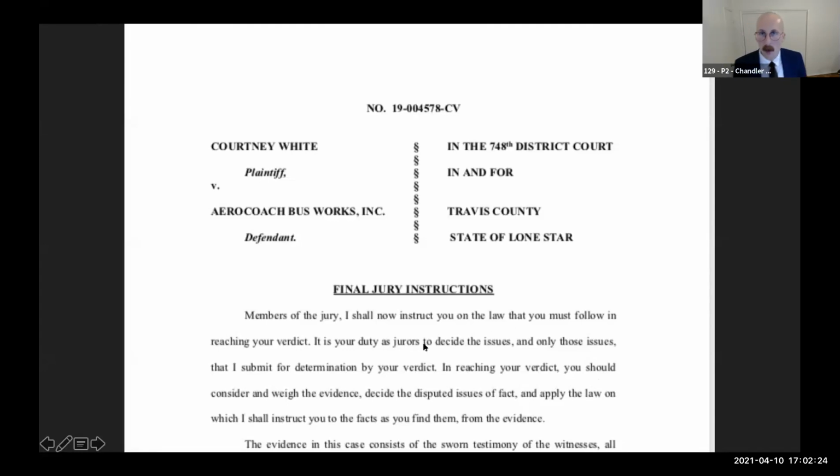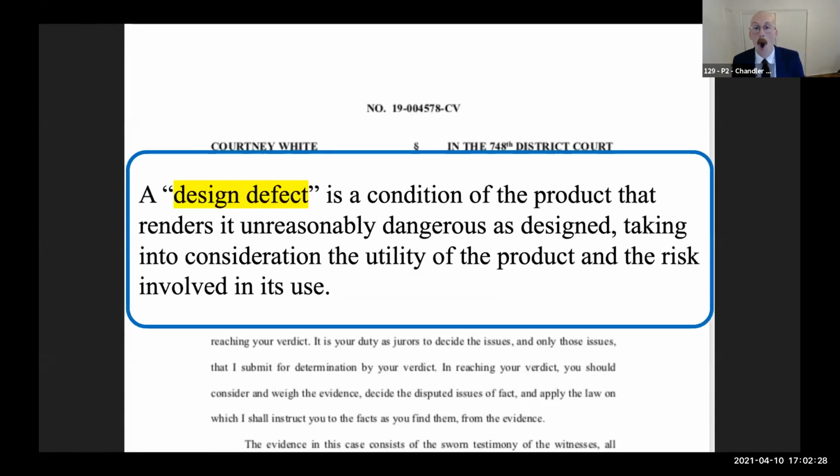Now, when we evaluate whether a product is defective, we have to consider how it's used. How are buses used? Well, they're driven on the highway, where high-speed collisions are just inevitable. How are buses used by passengers?